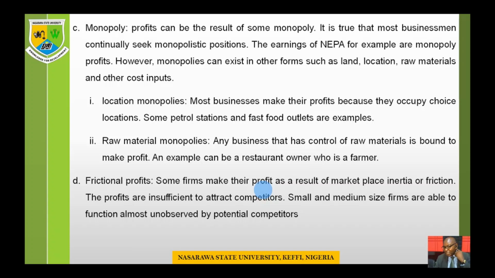What this is saying is that there are some businesses that are sited in locations where people don't really expect anything from them, but they are doing well there. Competition will not even look at them because they feel nothing is happening here. But they are there reaping their profits. So that is frictional or inertial profit.